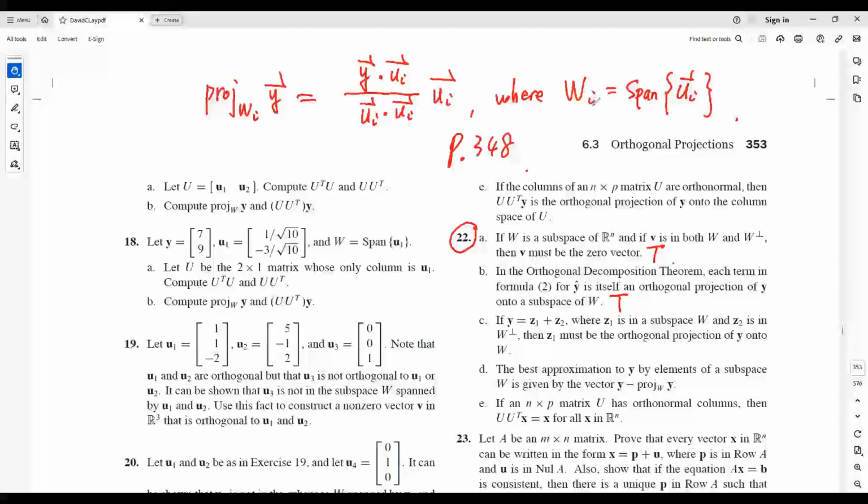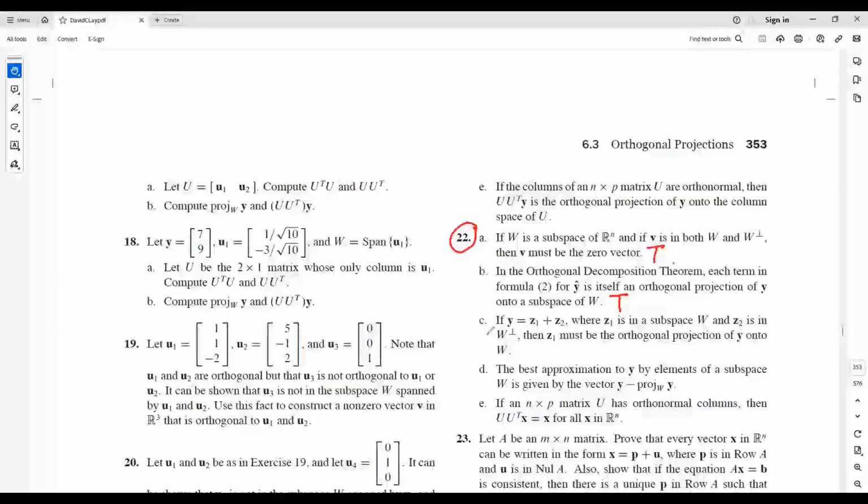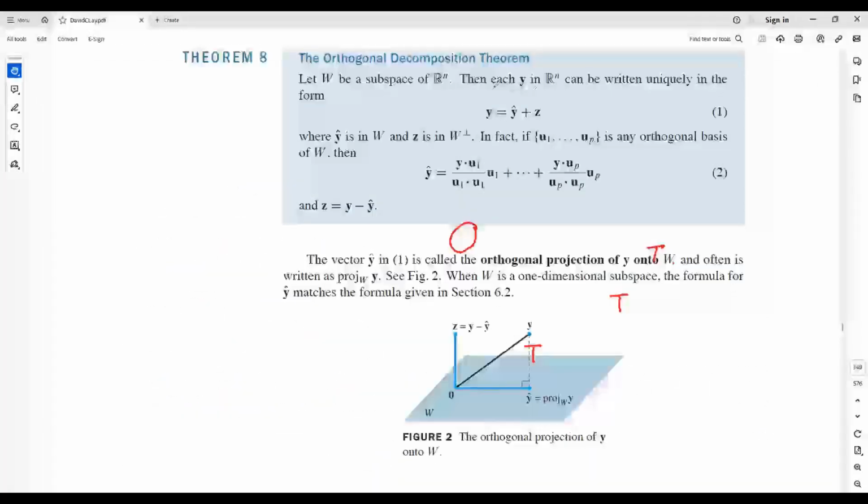Here W_i is the space spanned by the vector u_i. C. If y equals z1 plus z2, where z1 is in a subspace W and z2 is in W perpendicular, then z1 must be the orthogonal projection of y onto W. True. Thus, y can be written uniquely in the form z1 plus z2.